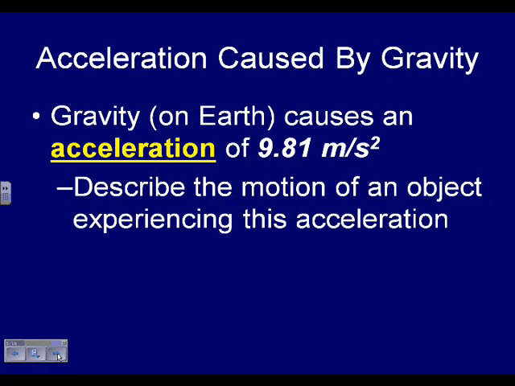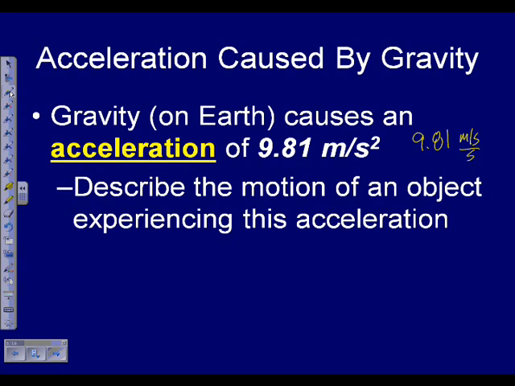So, based on that, if we had to describe the motion of an object experiencing that acceleration, we'd have to say, because of our definition of an acceleration, remember that acceleration is equal to delta V over delta T, right?